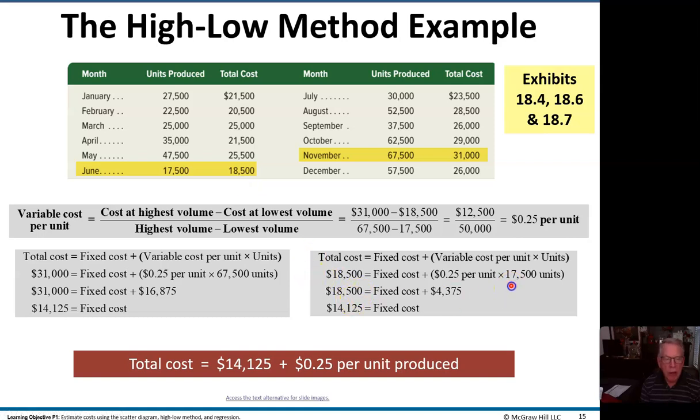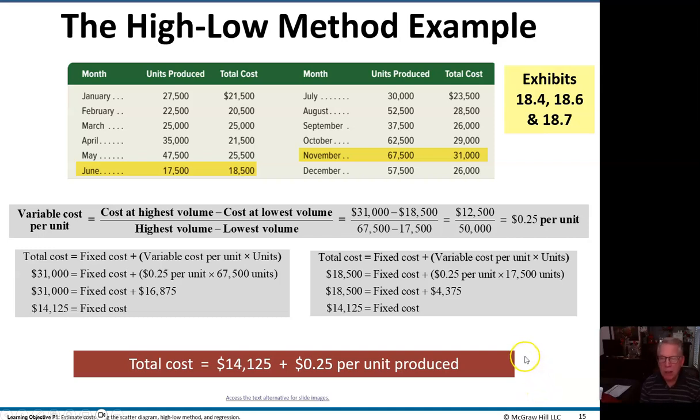So if I foot this out the same way that I did for the high, I come out with $4,375, which means, again, my fixed cost is $14,125. So now I can say my total cost is $14,125 plus 25 cents for every unit I produce.